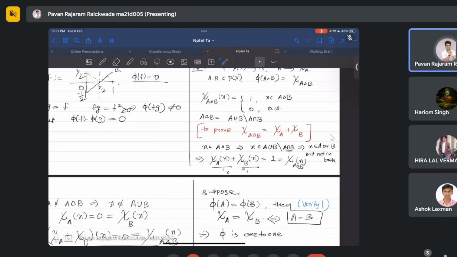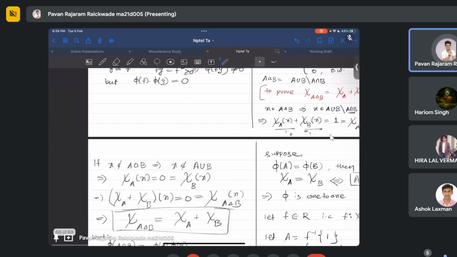If it is in A, then it is not in B, so 1 plus 0. If it is in B but not in A, then 0 plus 1. So in any case, you have 1. They are not in both, so you don't have the case 1 plus 1. But this is the same as chi of the symmetric difference at x. So for every point in the symmetric difference, the values are the same.